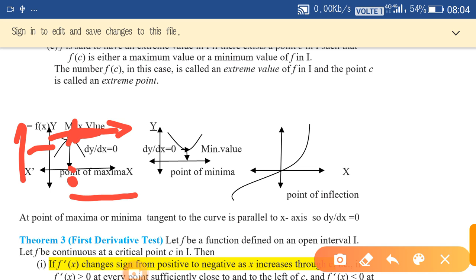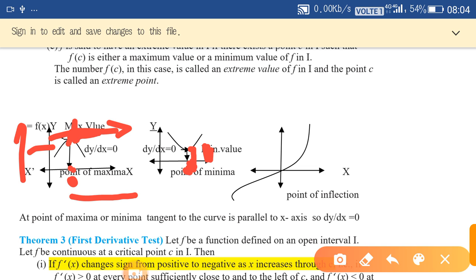Now we take another graph. Here we see that the graph is like this, and here point c has the minimum value, which is this one, the minimum value from the graph, and the point at which the minimum value is obtained is the point of minima, and the minimum value is obtained from this length.